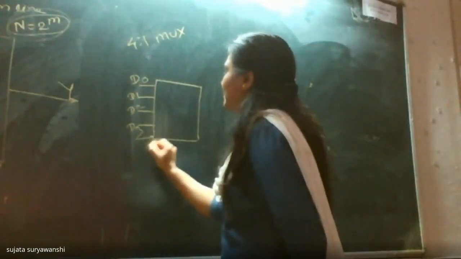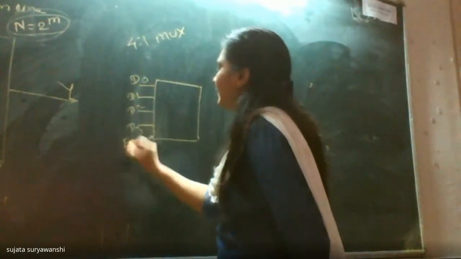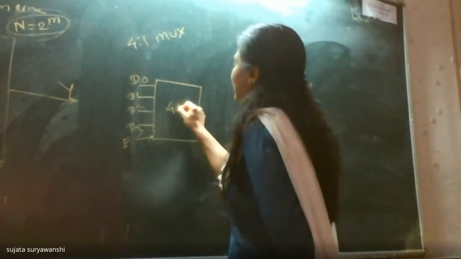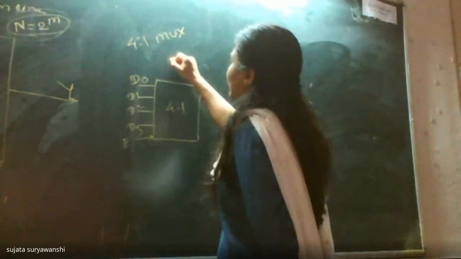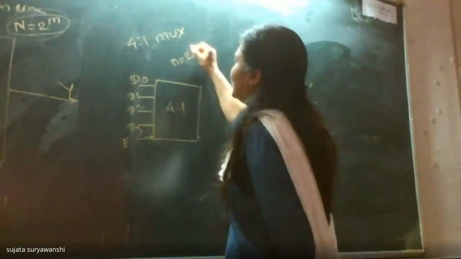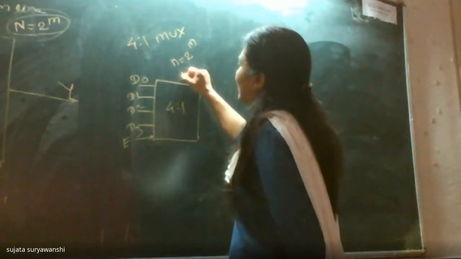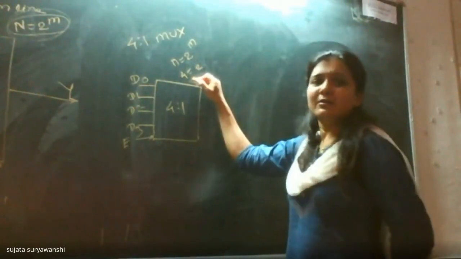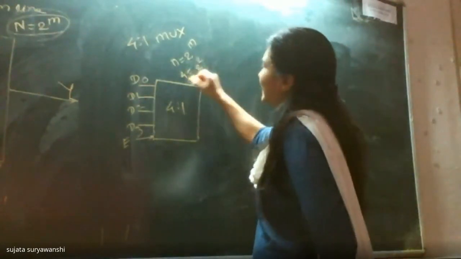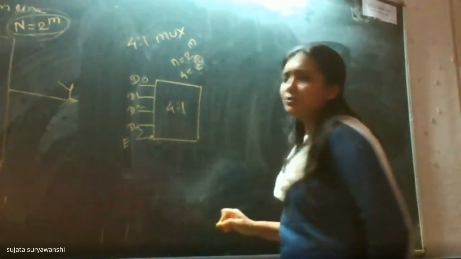How many selection lines will be there? Yes, 2. Because the equation is n is equal to 2 raised to m, where n is equal to 4. 2 raised to what number gives 4? 2 raised to 2 is equal to 4, so m is equal to 2.